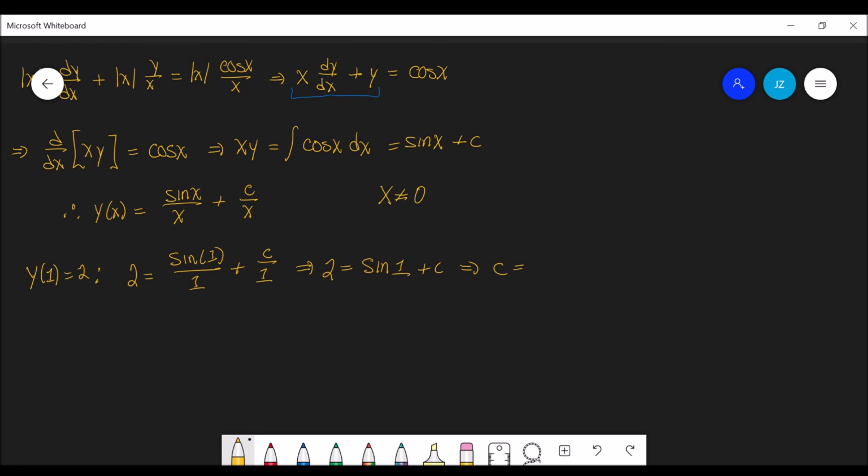So c must be 2 minus the sine of 1. Now just leave c in this form. Don't approximate sine of 1. So our particular solution is sine of x over x plus 2 minus sine of 1 all over x. And again, we have to have that x cannot be 0.